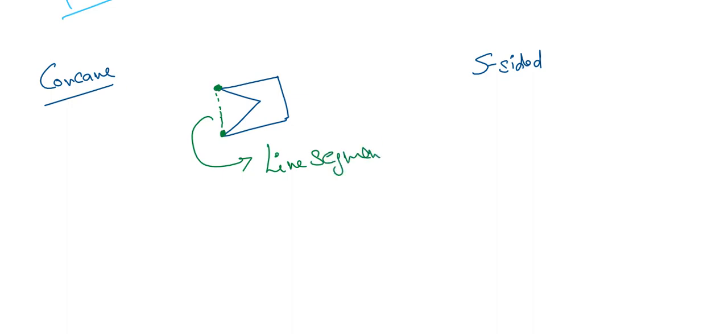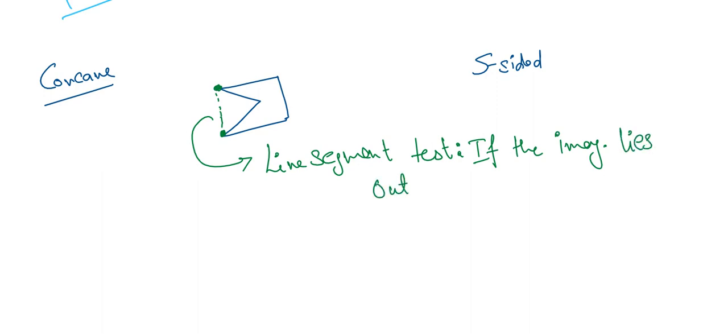Basically, in my line segment test, what I would be observing is whether the imaginary line which I have drawn lies outside of my polygon. See, the word is very important: outside of the polygon. Then my polygon would be named as concave.